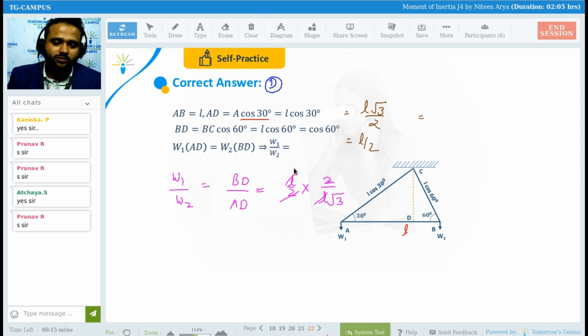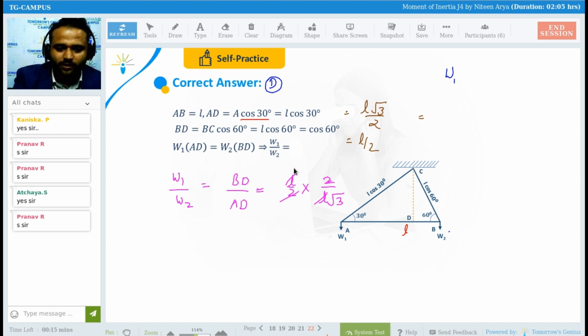This weight is going to be an equilibrium thing, like where we find the center of gravity, weight into distance. So mg into x. For W1 we have x as L cos 30 degree, and for W2 we have x as L cos 60 degree.